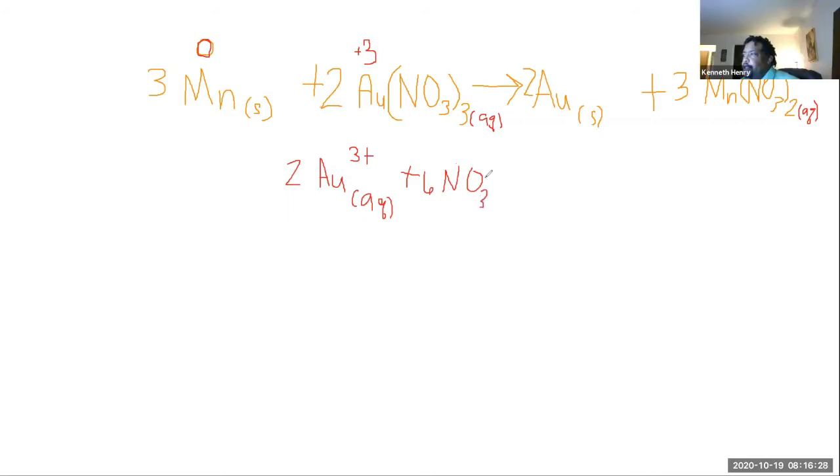Since each of the nitrates are looking like this, what is the charge on the nitrogen? Or I'm sorry, what is the oxidation number on the nitrogen?